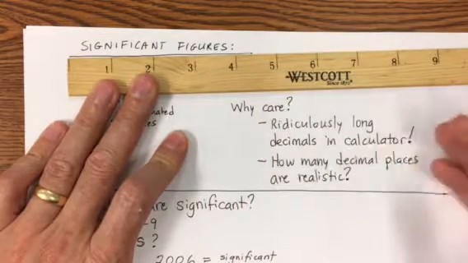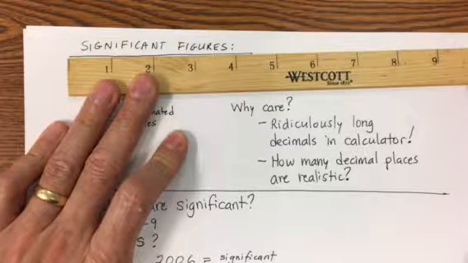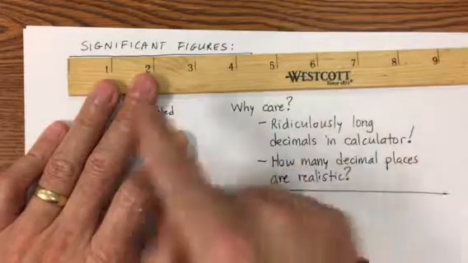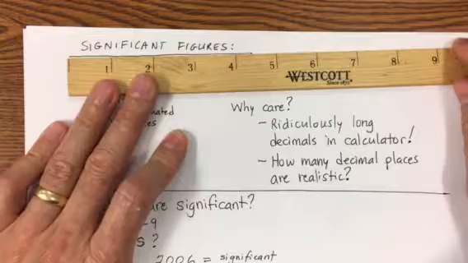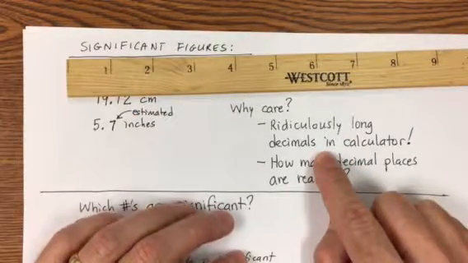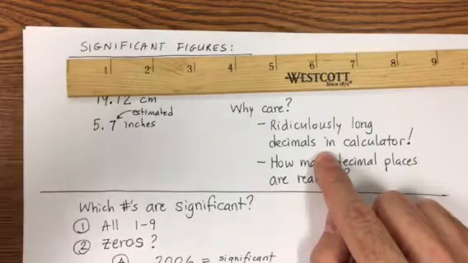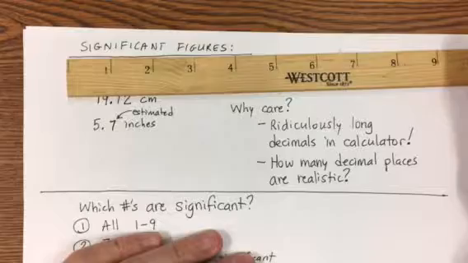And then if I want to use that number and multiply it and say how many square inches would be in a square made out of sides of this length, then I would get some ridiculously long decimal number answers. Our calculator can do that, but is it a justified answer based on the numbers we started off with?